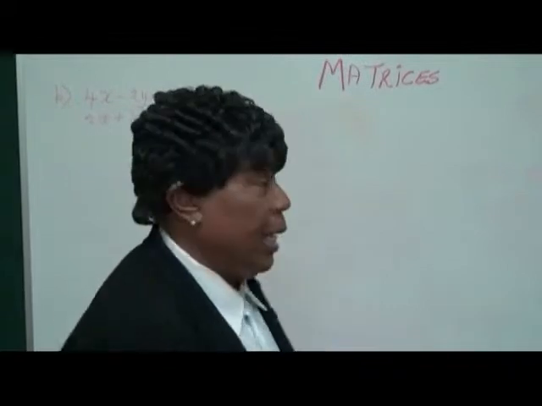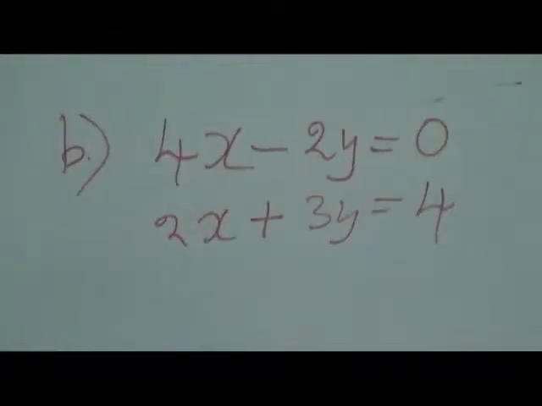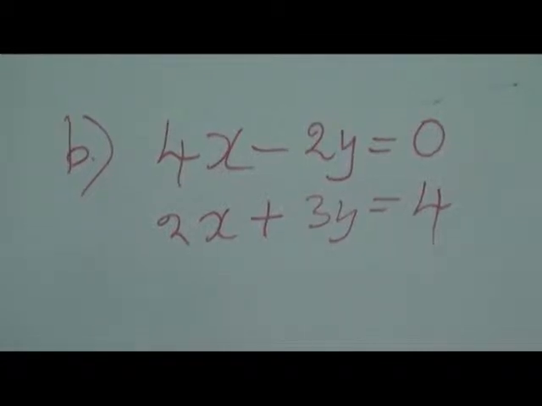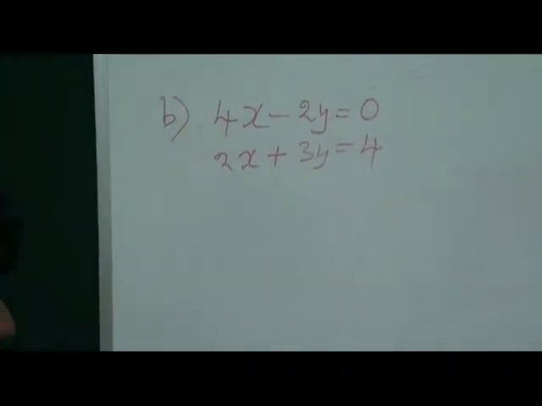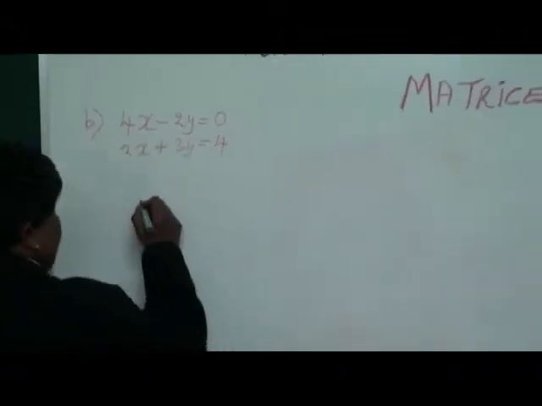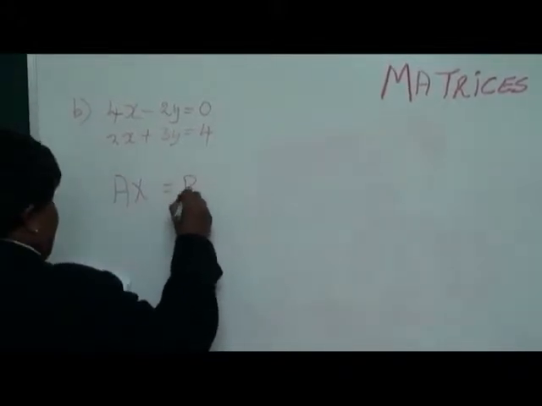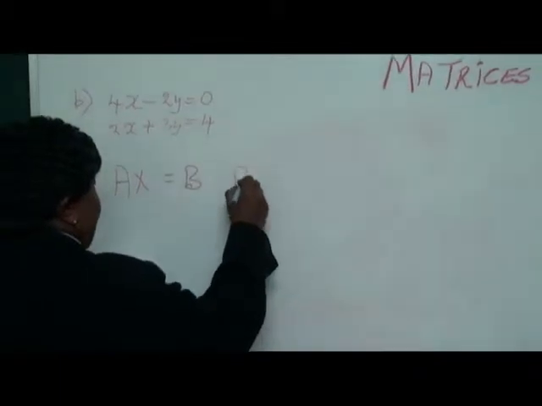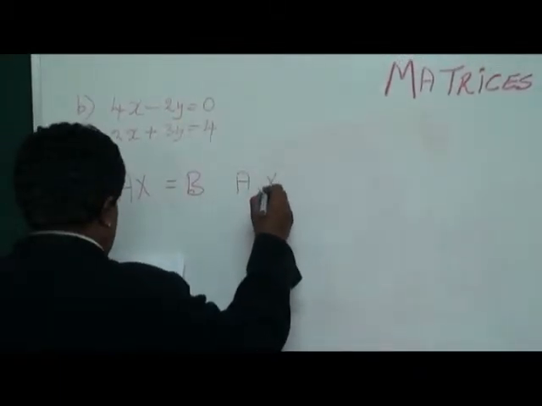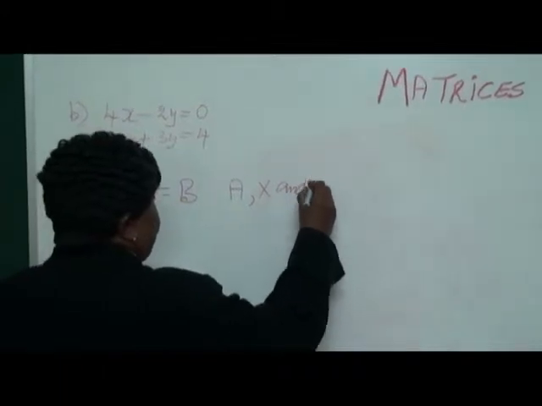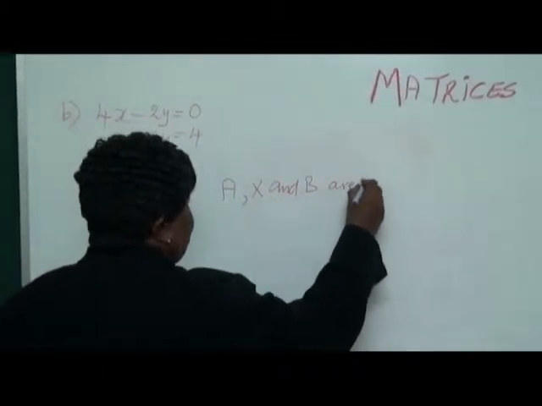Now, when it comes to the simultaneous equation, because they have given us this, it says express the equations, and we have 4x minus 2y is equal to 0, and we have 2x plus 3y is equal to 4, and they have asked us to express it in the form AX is equal to B, and it says where A, X, and B are matrices.